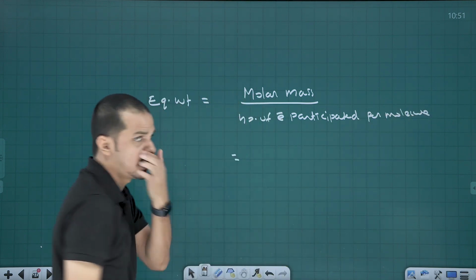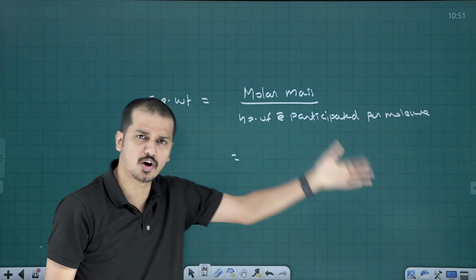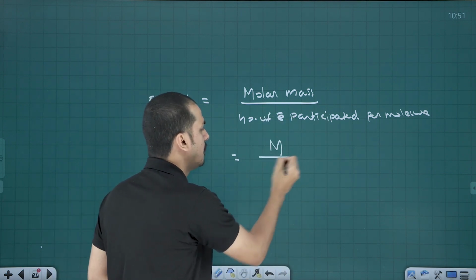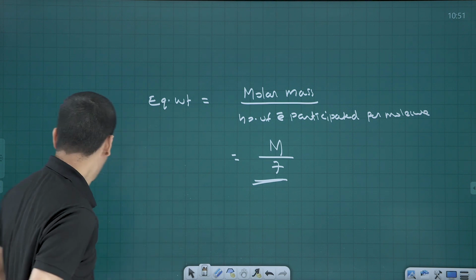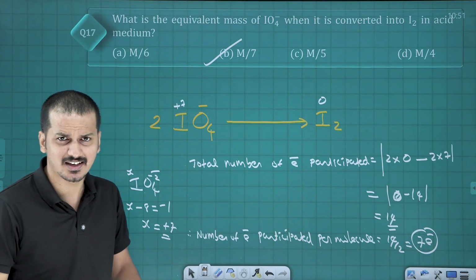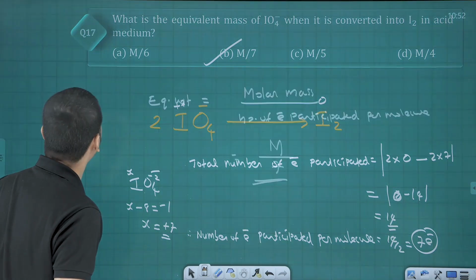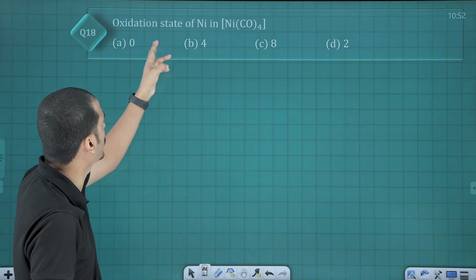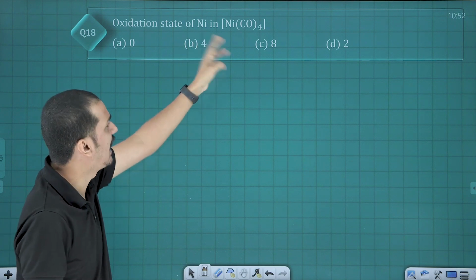So the number of electrons participated per molecule means the number of electrons lost or gained per molecule. Molar mass is M, number of electrons participated is 7. So M by 7 will be the answer. Option B is the correct answer. Clear guys? Okay, we can go to the next question. Question number 18. Oxidation state of nickel in NiCO4.